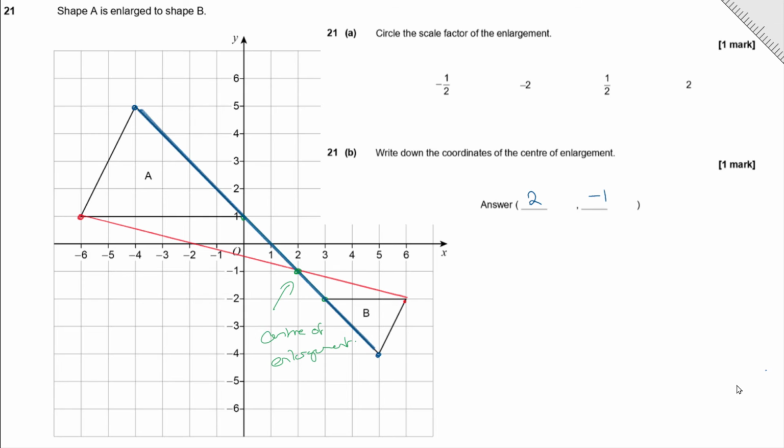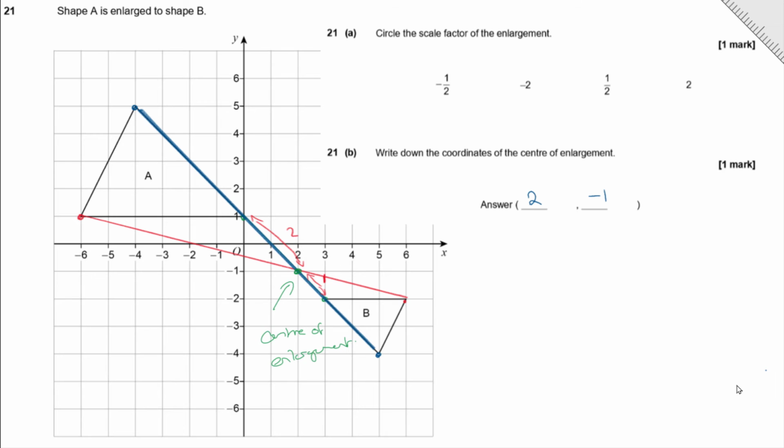From this point down to here is 2 diagonal squares going down, whereas on the other side there's 1. I suppose it's 2 along, 2 down, and 1 along, 1 down, but basically the distance from A to the center is twice as big as the distance from the center to the image. And also the object and image are on opposite sides.